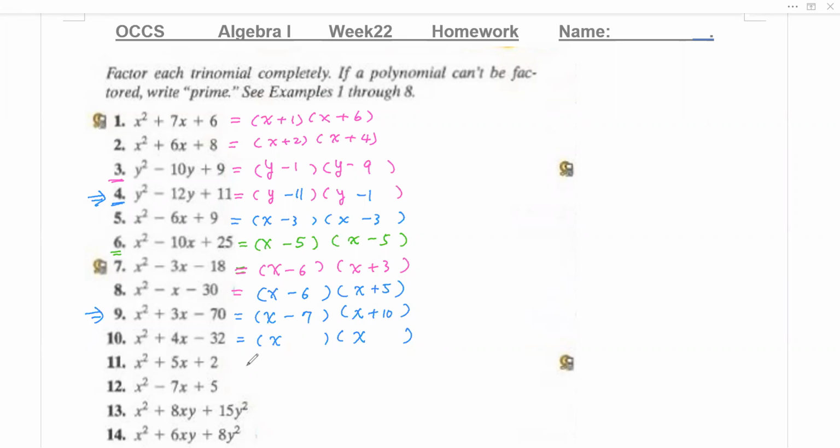Max, are you listening? Max, it's your turn. Max is not there. Let me check back. Song Tang. Next. Number 10. X plus 8 and x minus 4. Plus 8, minus 4, right? Okay, good. Next. Suri.